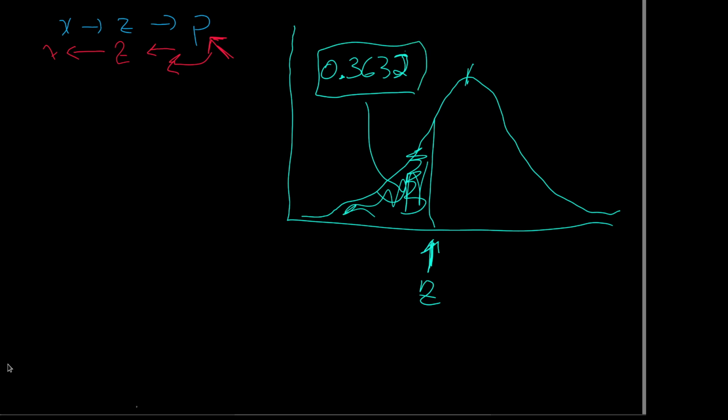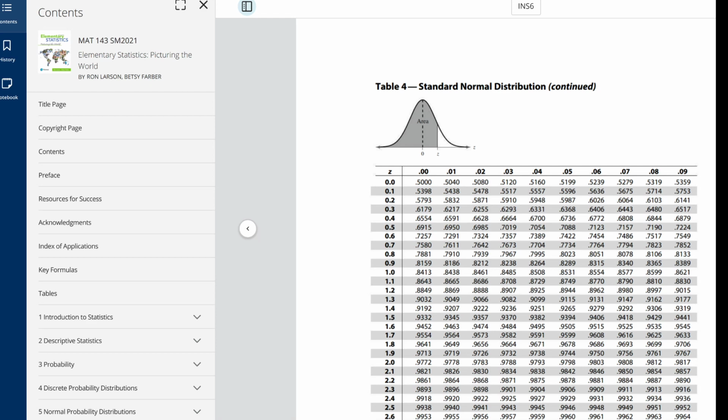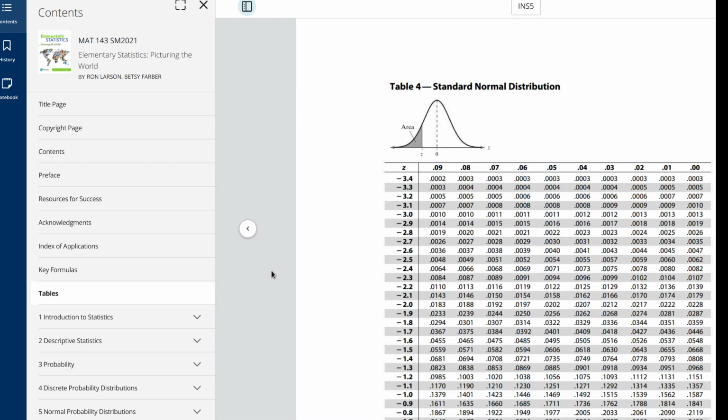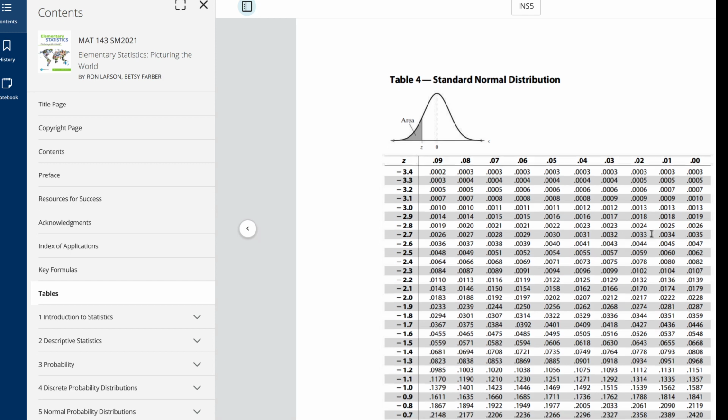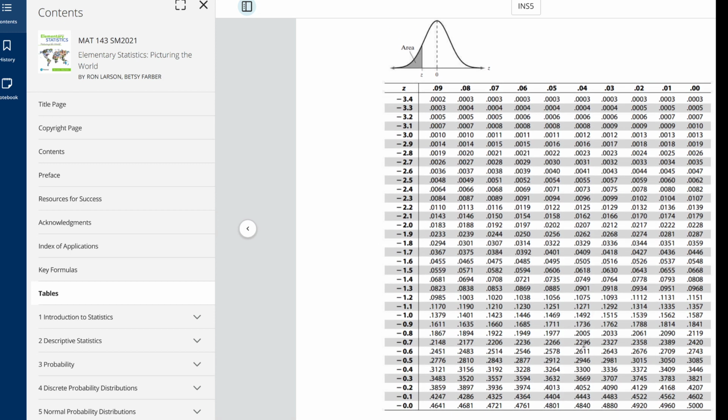Now this number, this percentage that came out, is about 30%. So we know it's less than 50%, and z-scores that were less than 50% are negative. So we need to find the probability in the list of probabilities here. It was 0.3632.